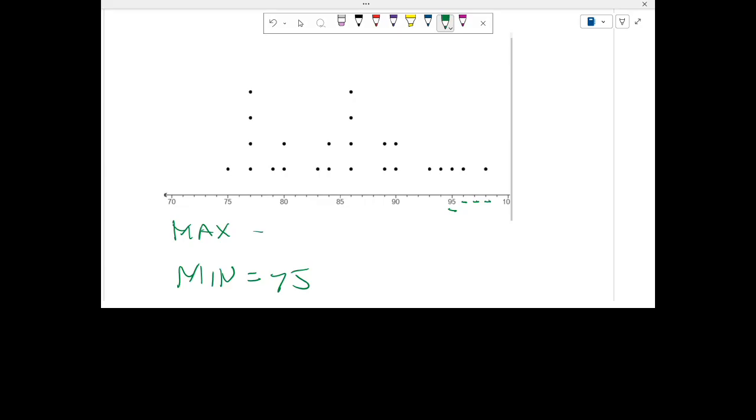That looks like 98. So the range, y'all, if we take 98 minus 75, would that be something like 23? And we found our range. So again, I'm not counting the most number of dots compared to the smallest number of dots.